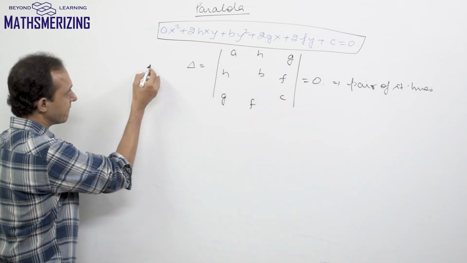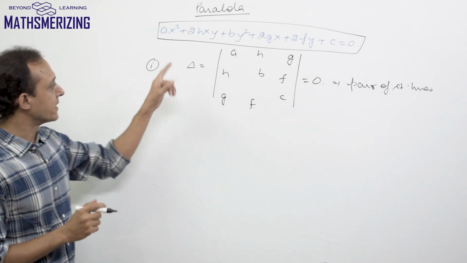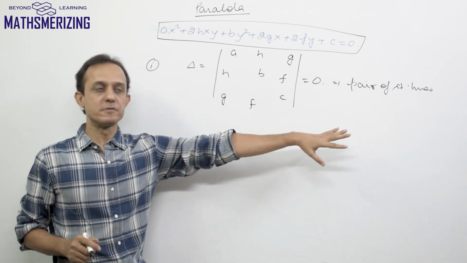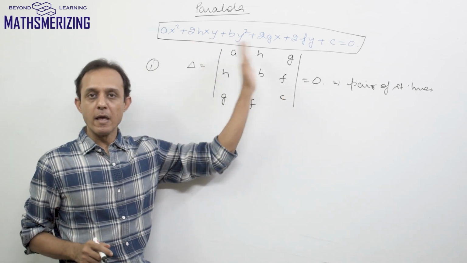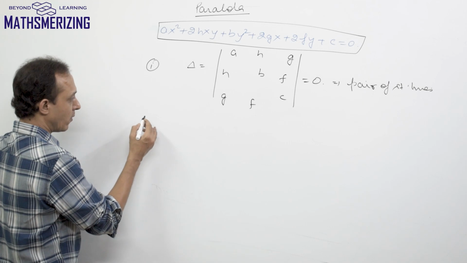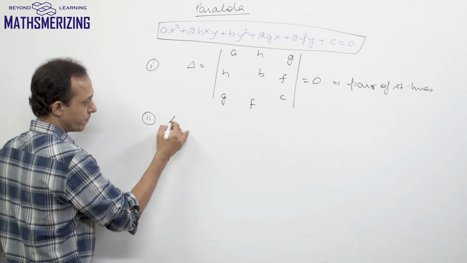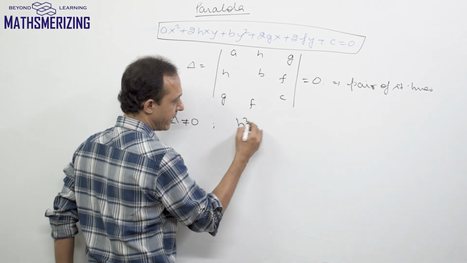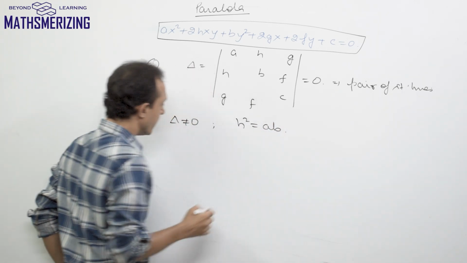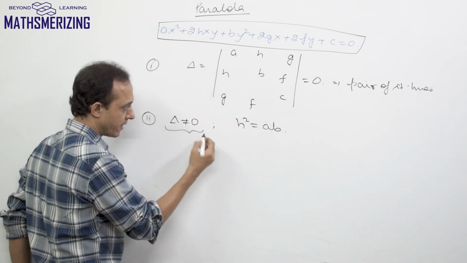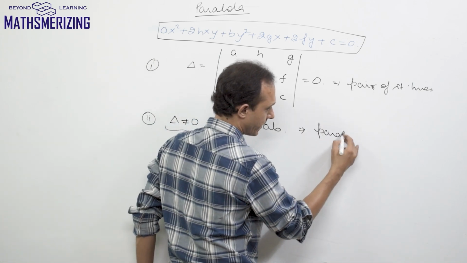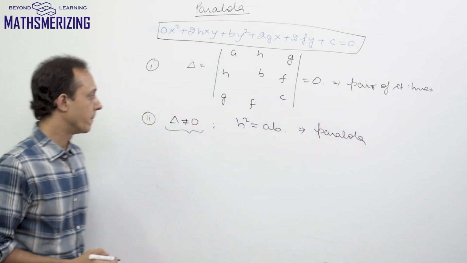So if we have a second degree equation, first we find its delta. If delta is 0, then this equation will represent a pair of straight lines. They may be imaginary lines or real lines. Now, when delta is unequal to 0, we compare h square and ab. If delta is unequal to 0 and h square equals ab, this equation will represent a parabola.